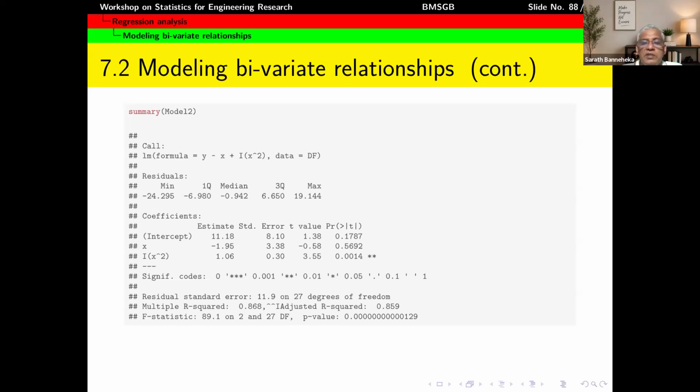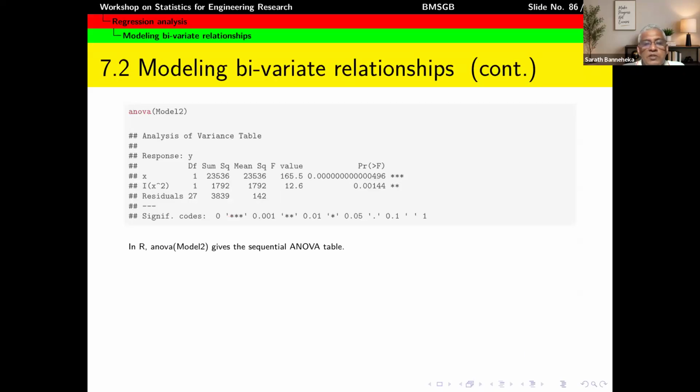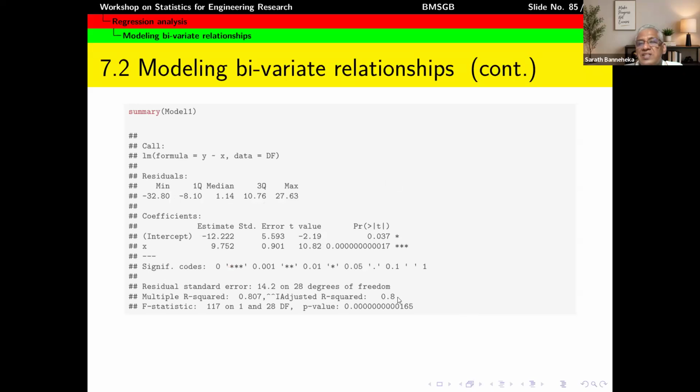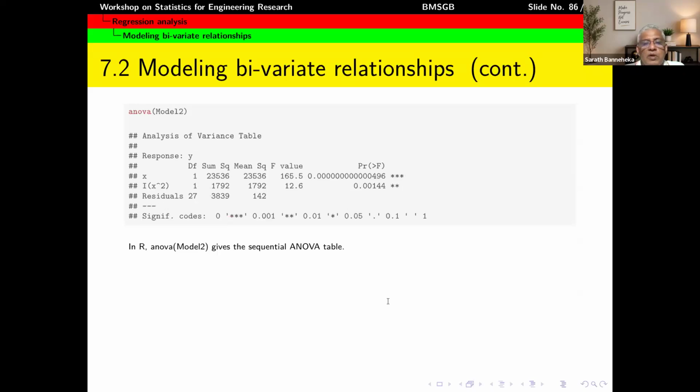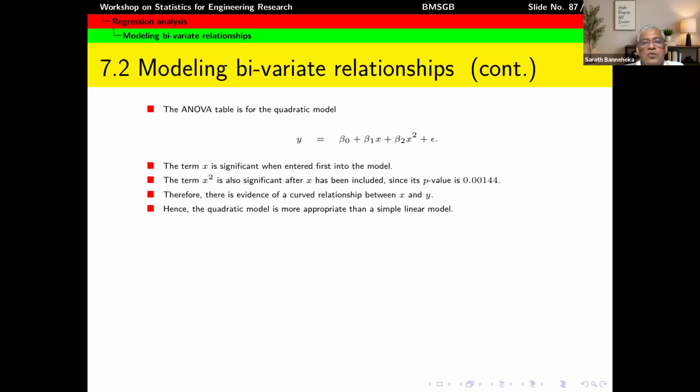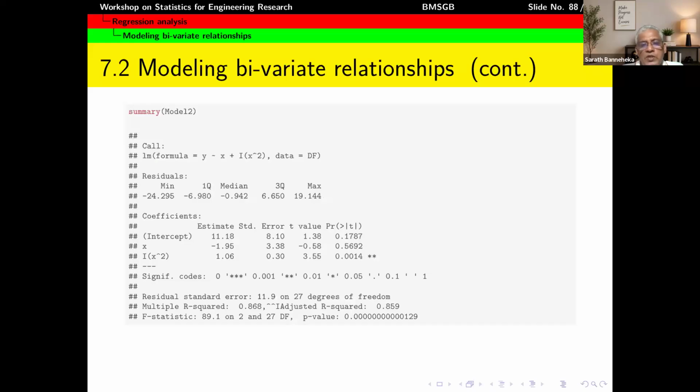You should be comparing adjusted R square values. So for model 2, adjusted R square is 0.859. For the previous model, adjusted R square was only 0.8, right? So with respect to adjusted R square value, the second model is better.